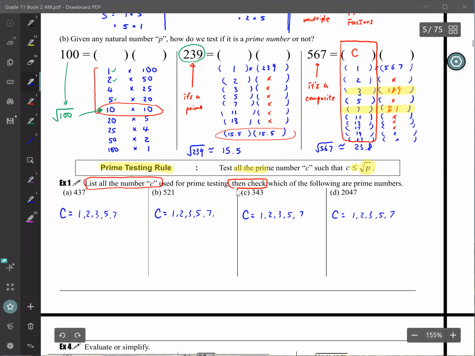I'm writing out just 1, 2, 3, 5, 7, and then I will get the rest of the C from you guys.